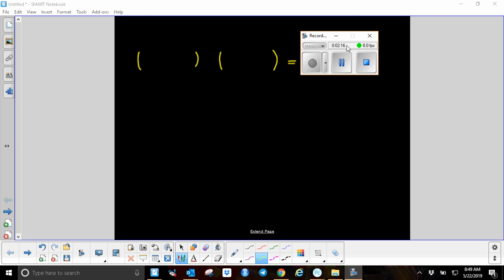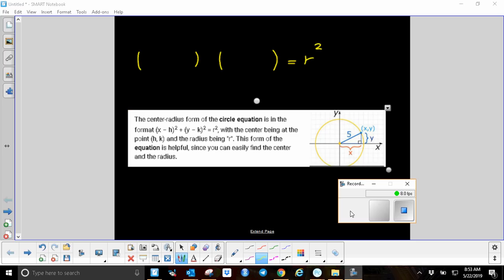So before going ahead, I'm going to remind you of the way to recall the form of a circle. R squared, come on. What was the circle? You can find the equation in your notebooks as well.